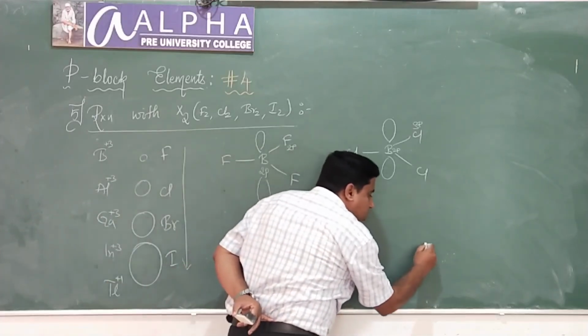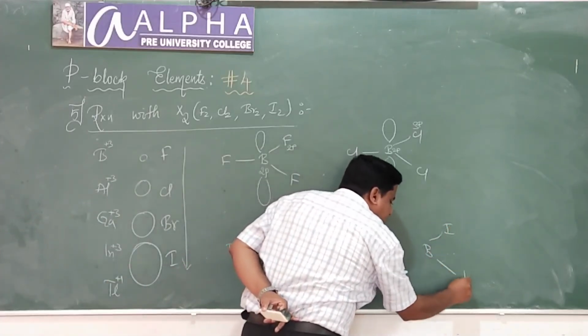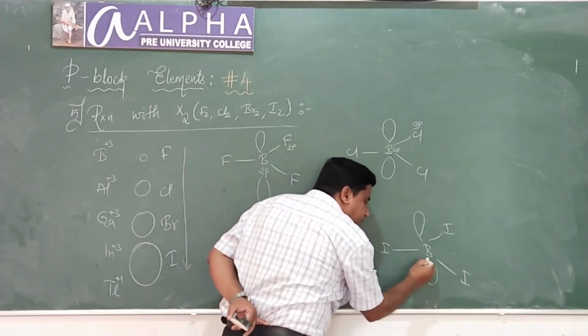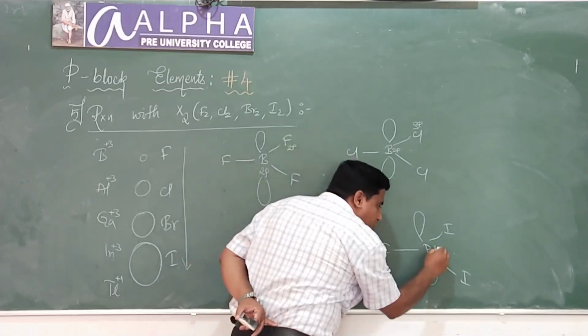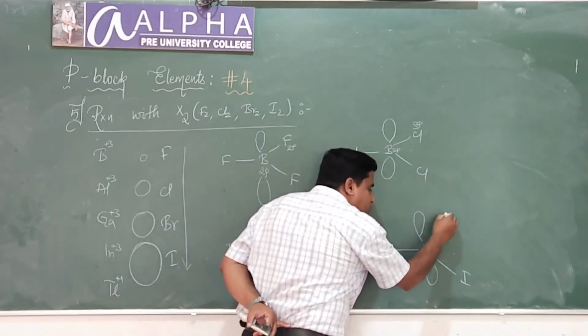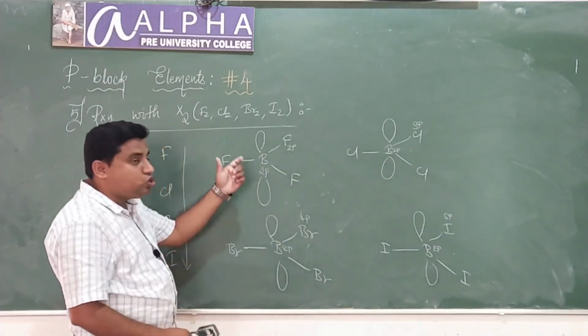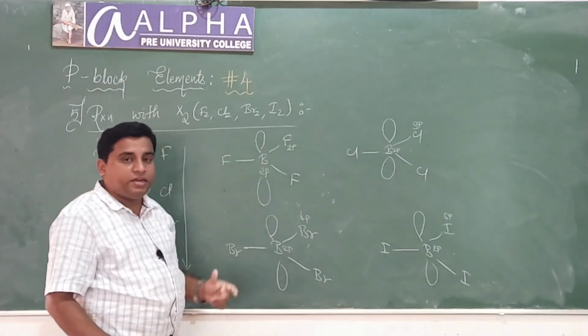And lastly, with boron triiodide, there will be one vacant orbital, no doubt, but the 2p orbital of boron will overlap with the 5p orbital of iodine.